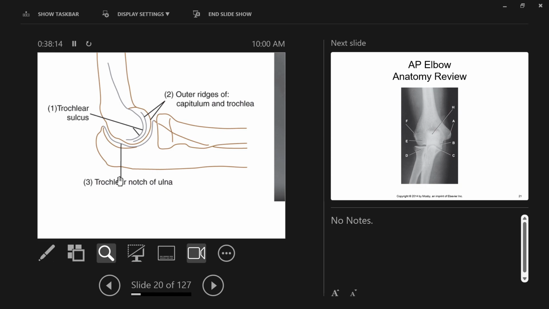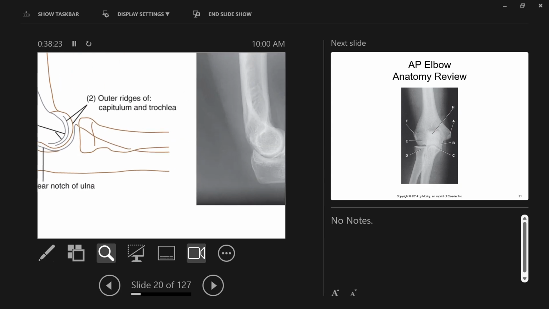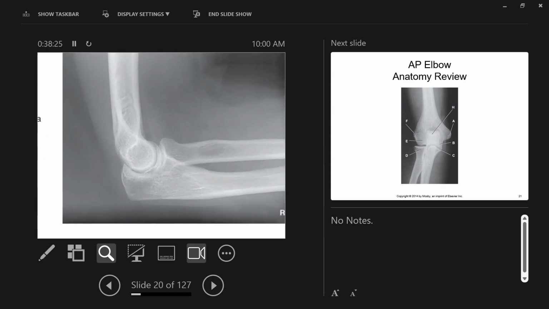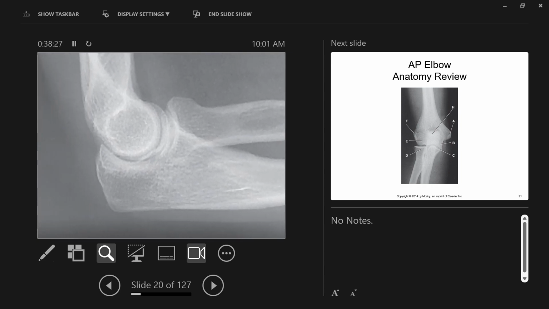This trochlear sulcus here and capitular ridge are often overlapping each other. You can see what I'm trying to show you, hopefully, radiographically. So, trochlear notch, okay, trochlea, and capitular ridge here, okay, all three concentric rings.